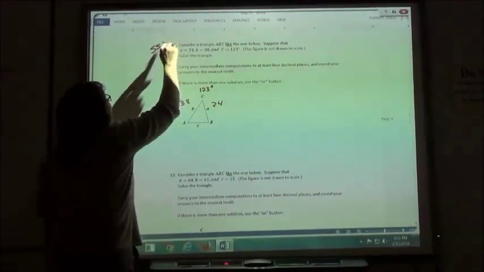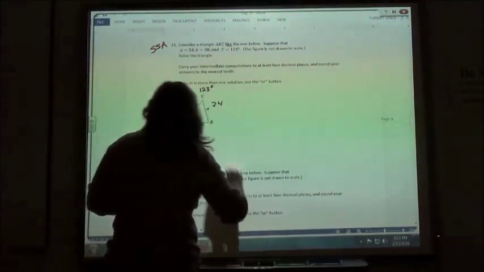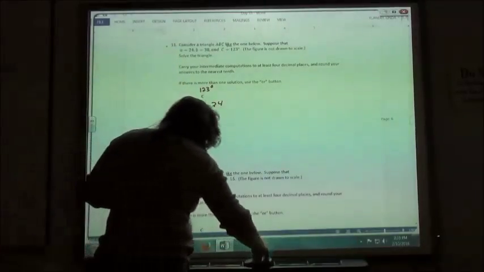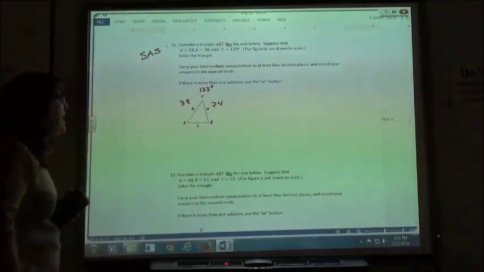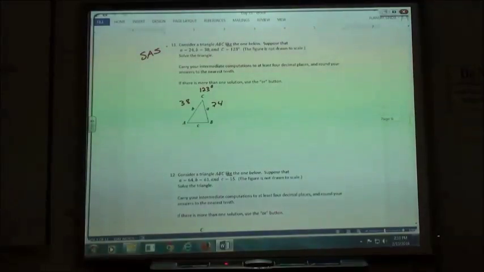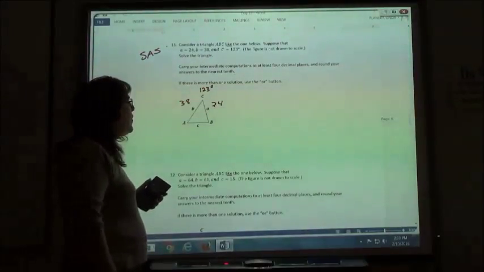Side, side, angle. Two sides and the included angle, so I should probably write it this way. Side, angle, side is probably how they have that. Side, angle, side case. Again, I'm going to use my law of cosines eventually in here, and I might even use my law of sines while I'm at it.